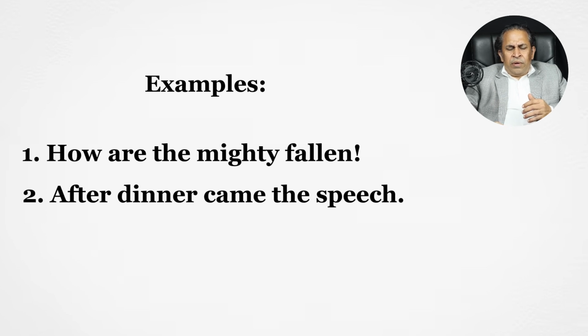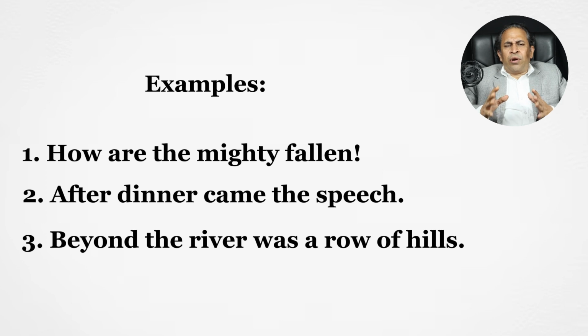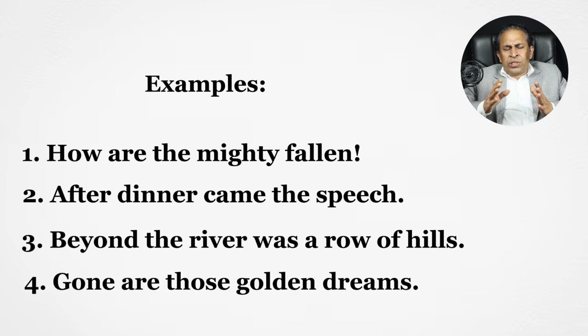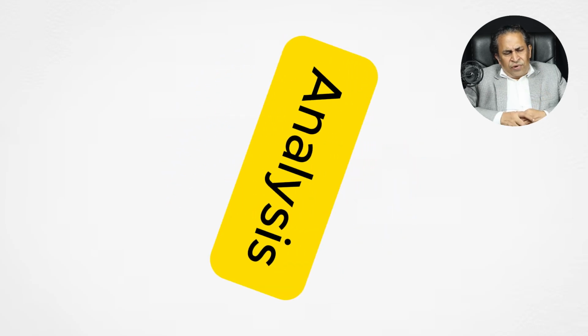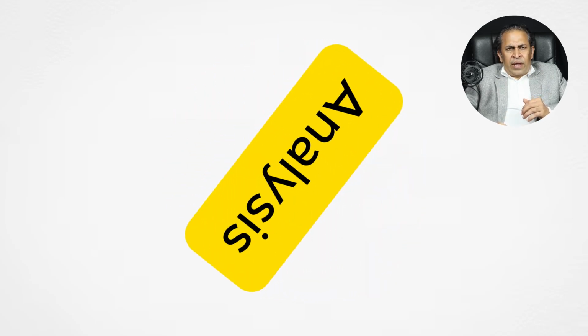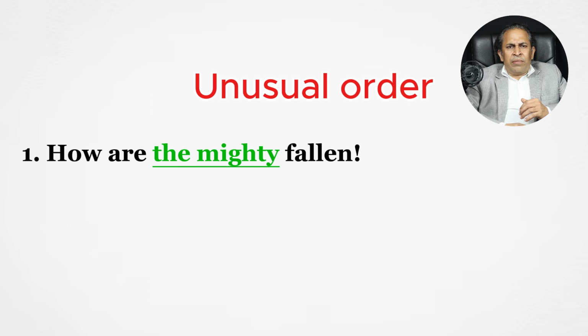Beyond the river was a row of hills. Gone are those golden dreams. Now let's analyze these four sentences. How are the mighty fallen? What is the subject of the sentence here?